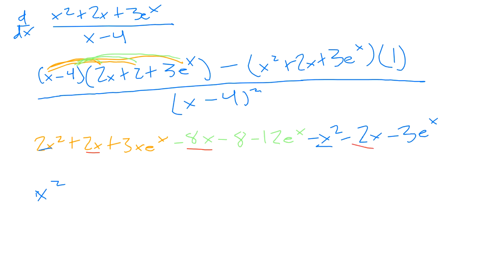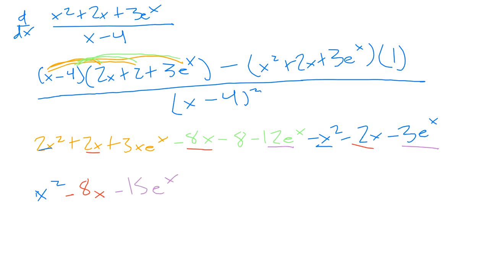So we are left with a negative 8x. All right, we have a couple e to the x's, so we have these two e to the x's. We get negative 12, negative 3, so we get minus 15 e to the x.